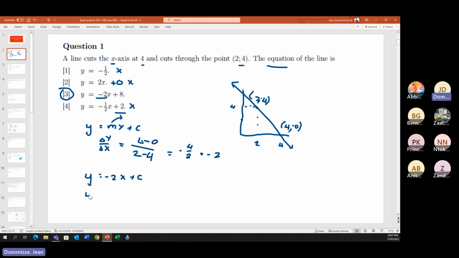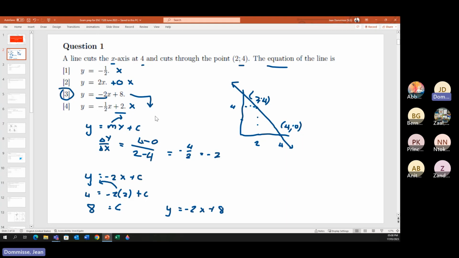So 4 equals minus 2 times 2 plus C. C would be 4 on that side, and minus 2 times 2 is minus 4 on this side. If I take that across, it becomes 8. In the end, the formula is y equals minus 2x plus 8, which was option 3.